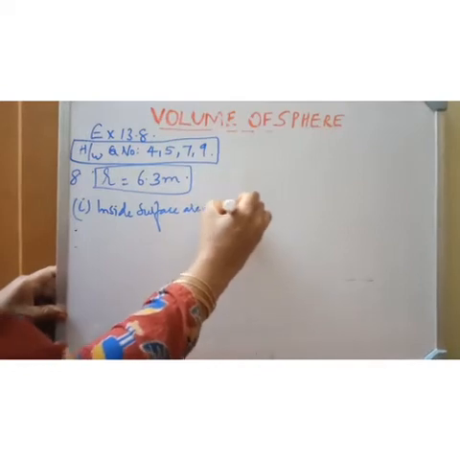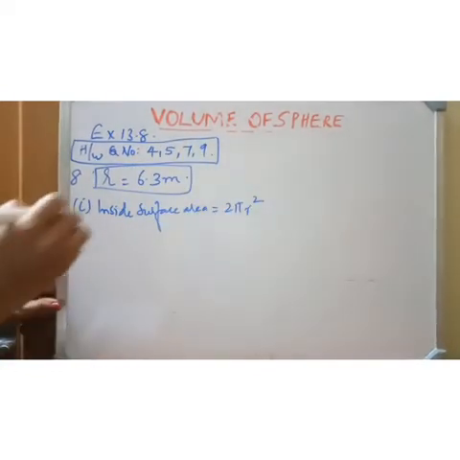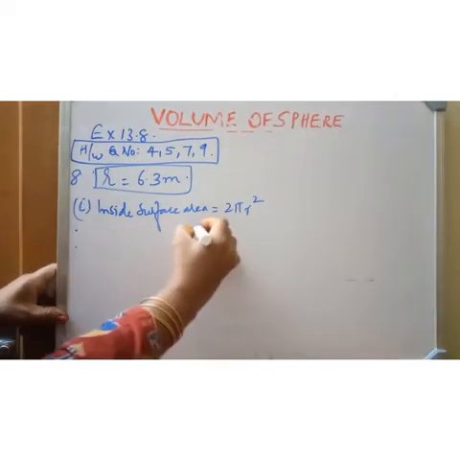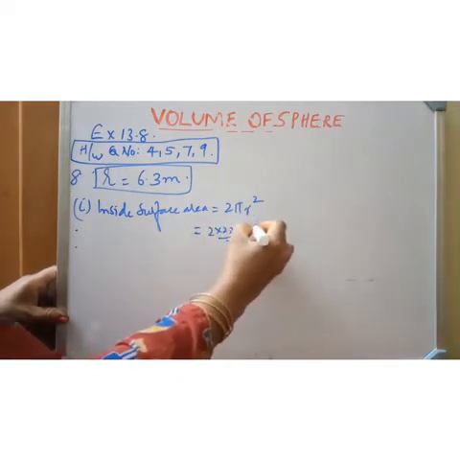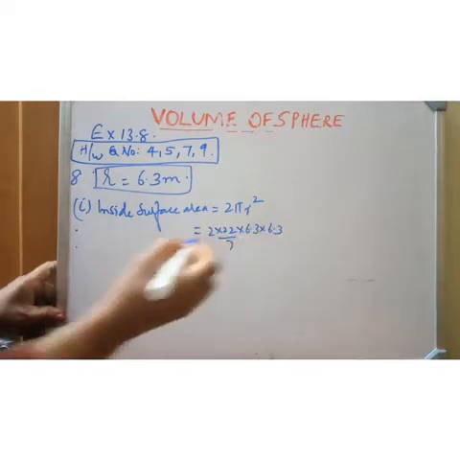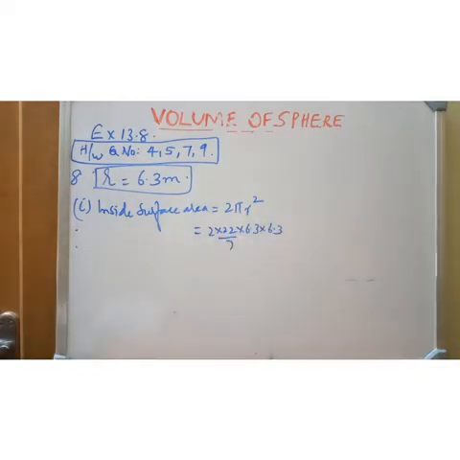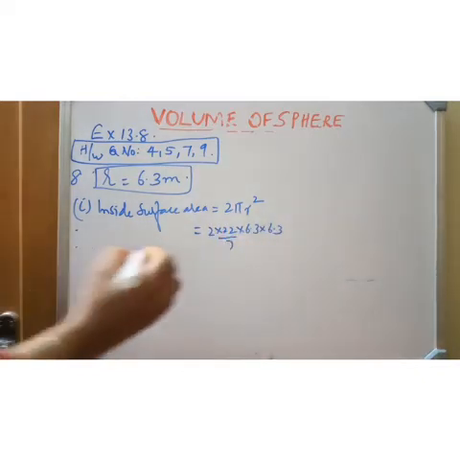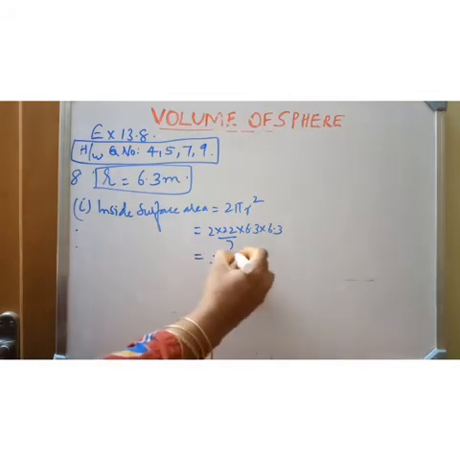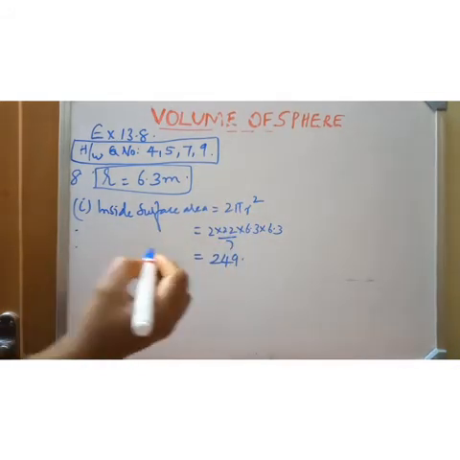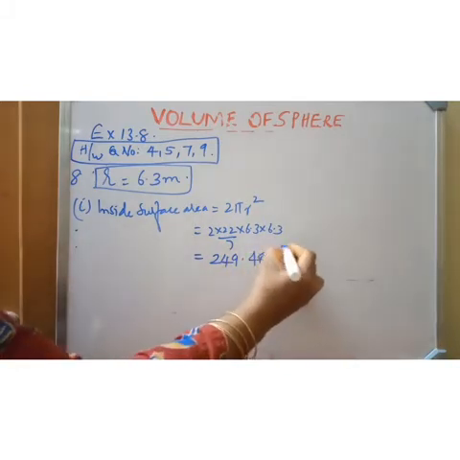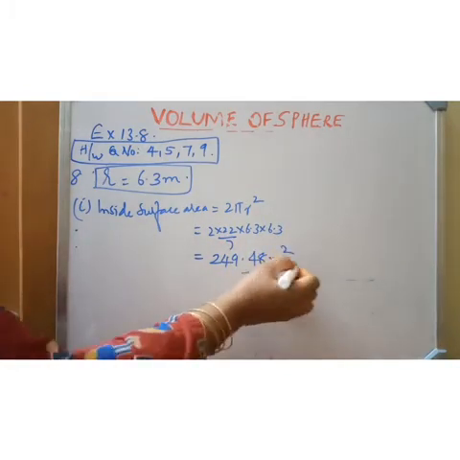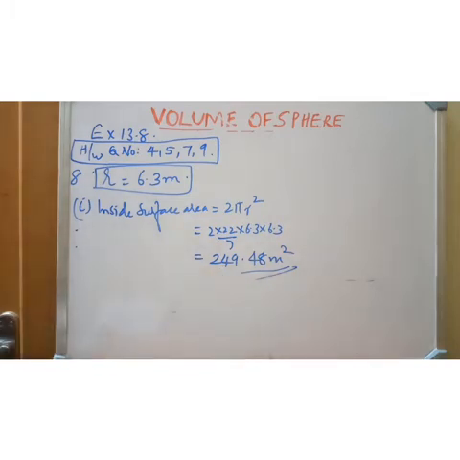The formula is what? 2 pi r square. So 2 into 22 by 7 into r square, 6.3 into 6.3. You have to do the calculation. You will get the answer as 249.48 meter square, because the value is in meter.